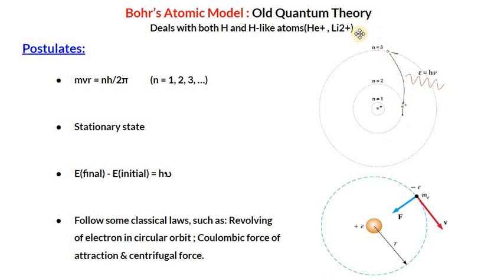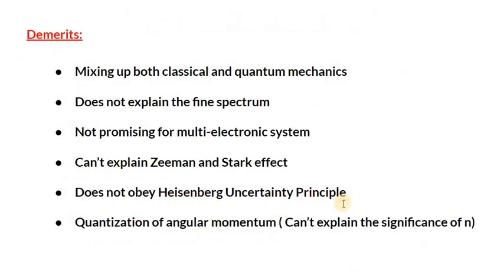So from Bohr theory it is possible, but according to the Heisenberg uncertainty principle, which is very acceptable and very successful, that is not possible. You cannot calculate both the position and momentum at a single moment. That's why Bohr theory doesn't satisfy the Heisenberg uncertainty principle. This is another demerit.